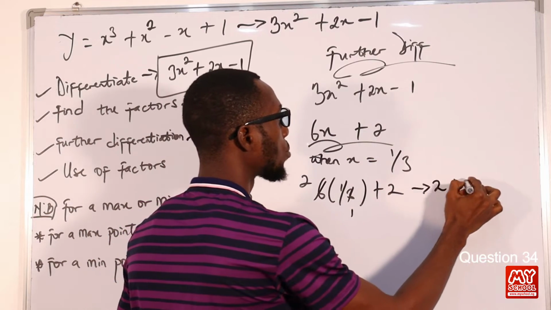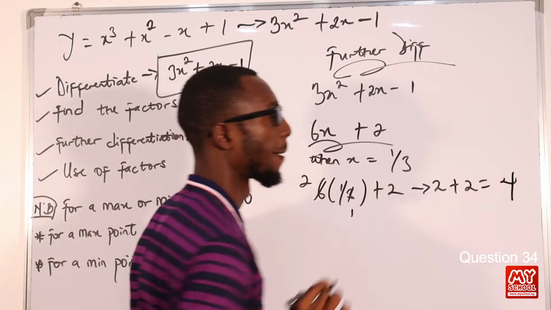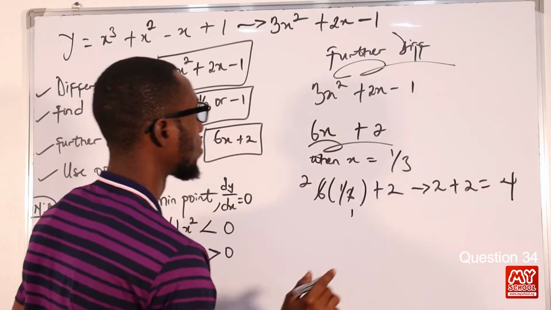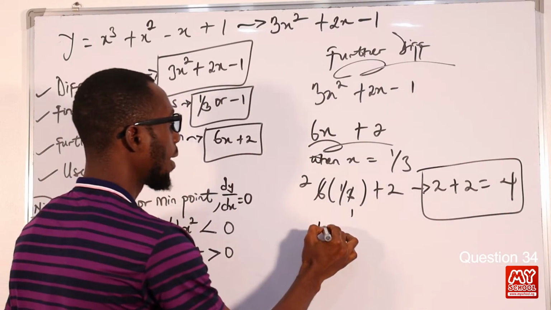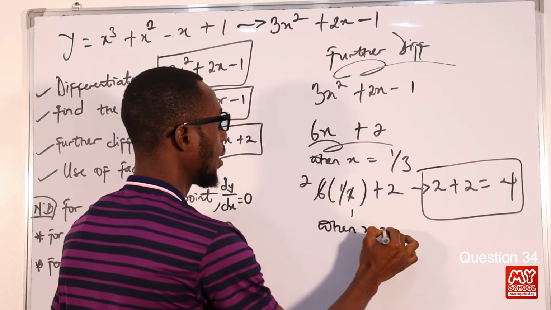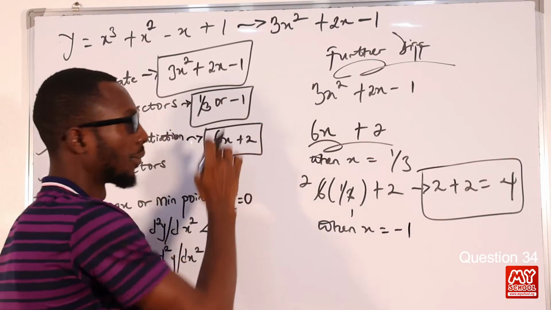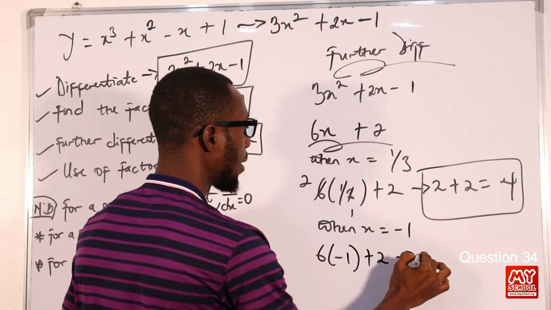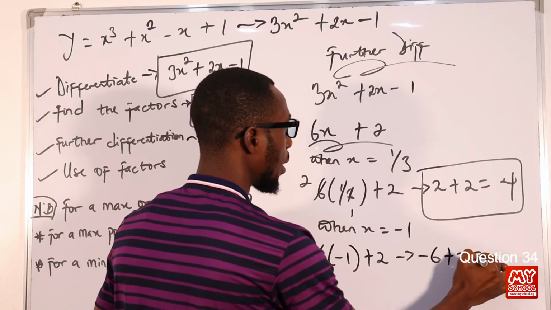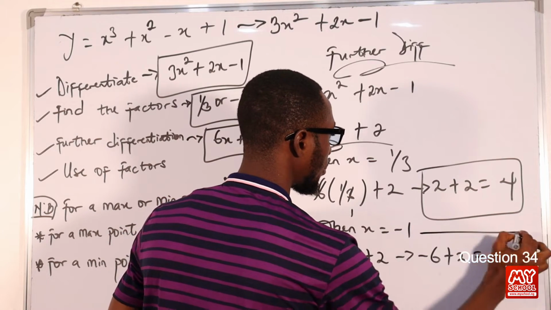So I have 2 plus 2 equals 4. Okay, so when x is minus 1, I have 6 into brackets minus 1 plus 2, that makes minus 6 plus 2, that makes minus 4.